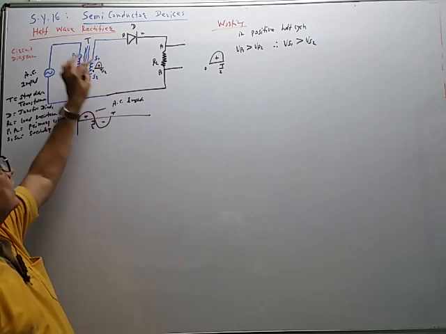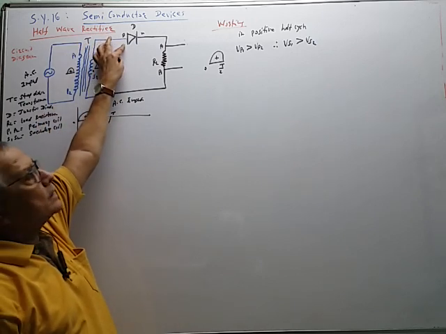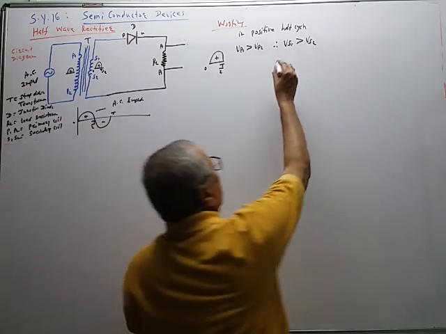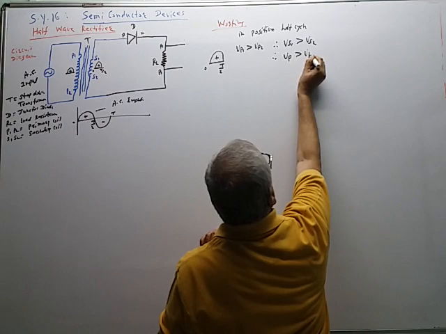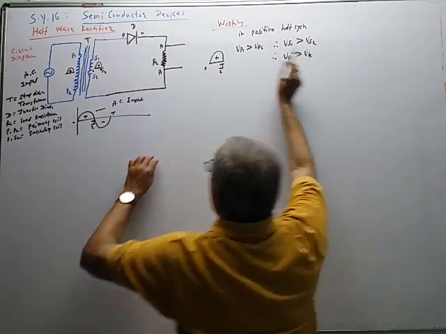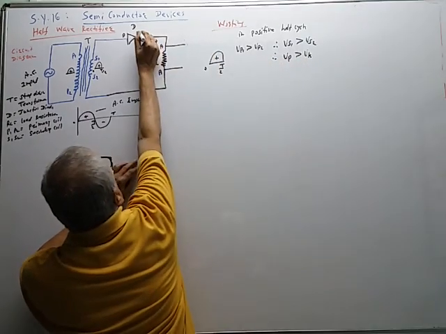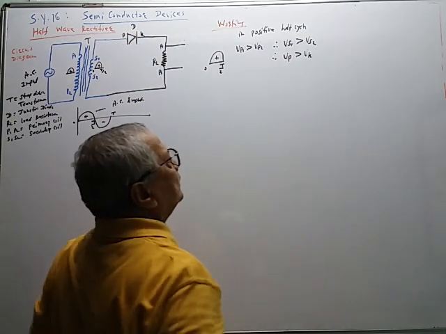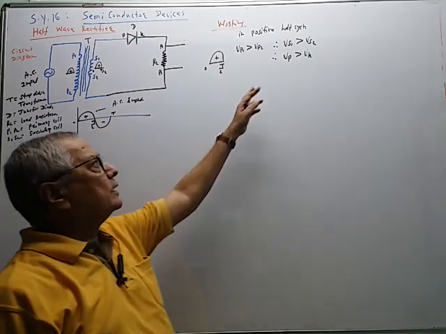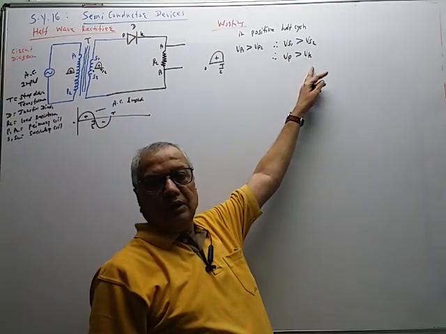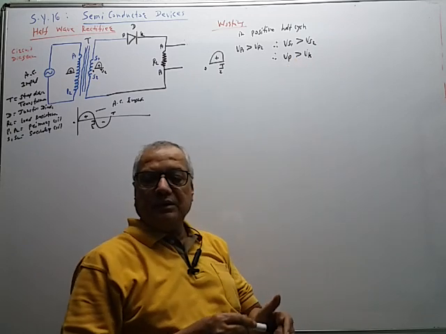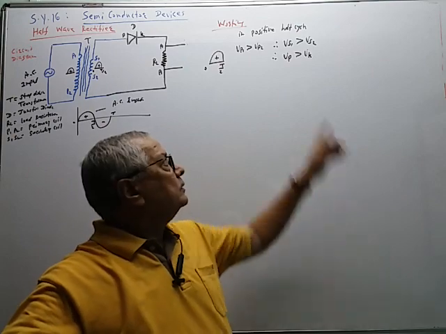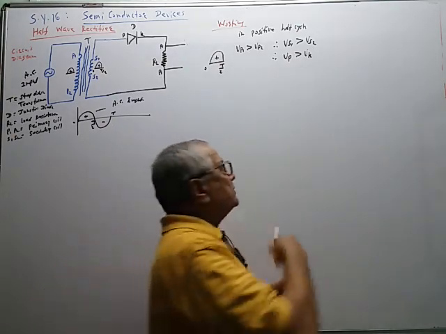Now see in the figure, this S1 point is directly connected to the anode. Therefore, VP is greater than VK. K for cathode, N region we call it. So anode is at higher potential than cathode. P-type region has higher potential than N-type region, and therefore what is the conclusion? This is the condition for forward biasing.